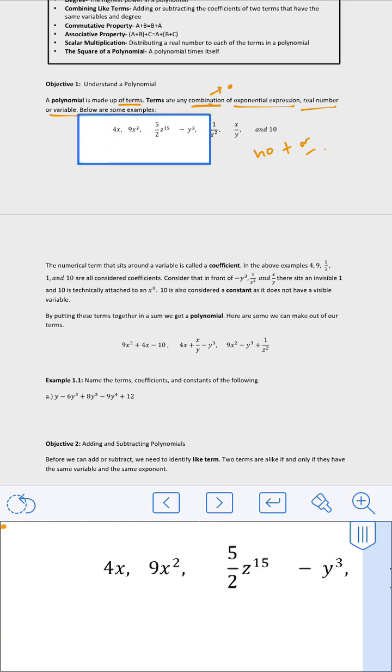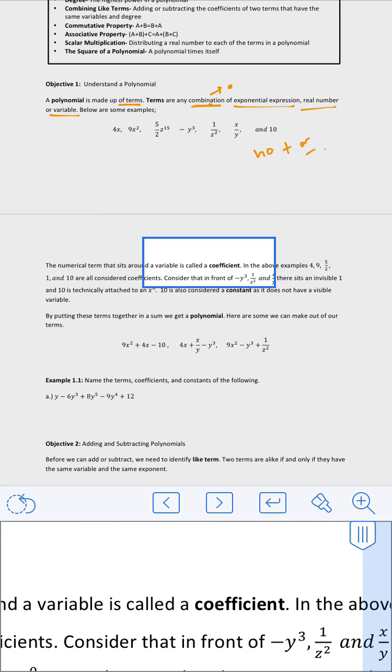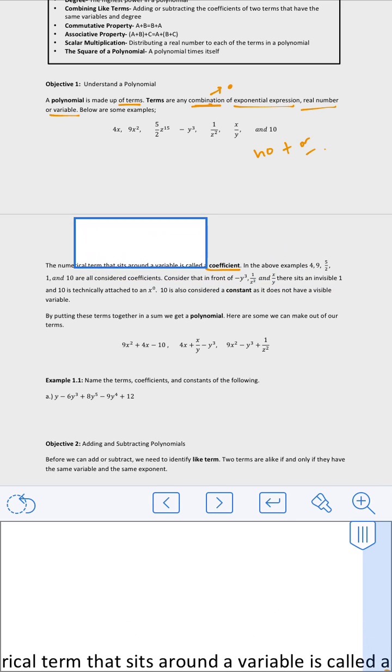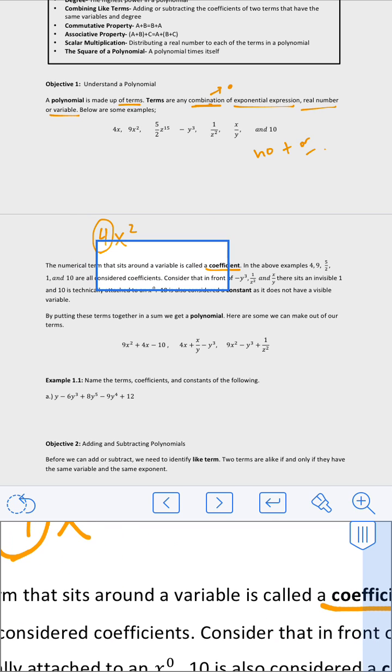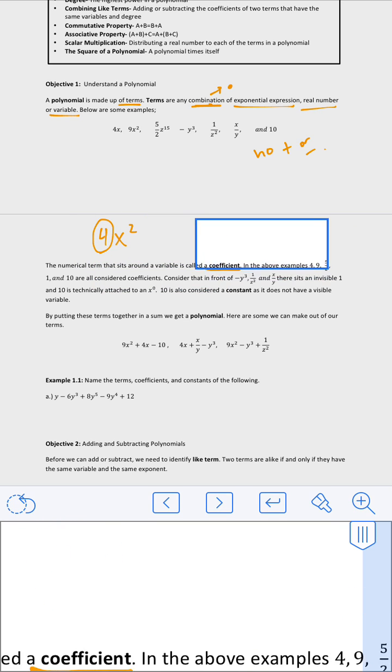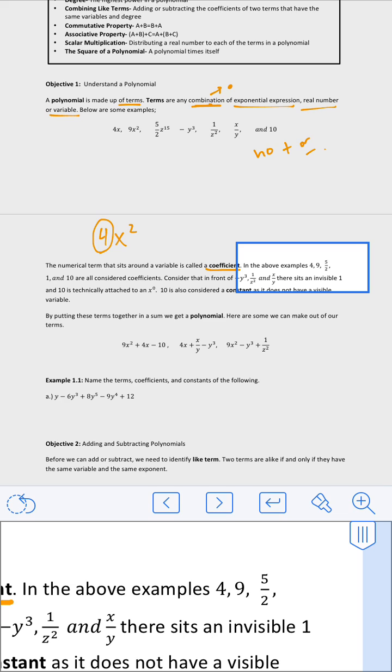Alrighty, but let's take a look at the pieces of these terms. The pieces of these terms start with a coefficient. A coefficient is a number that sits in front. So when you have something like 4x squared, the coefficient would be the 4. So for the ones we have listed above, 4, 9, 5 over 2, those are all visible coefficients, right?